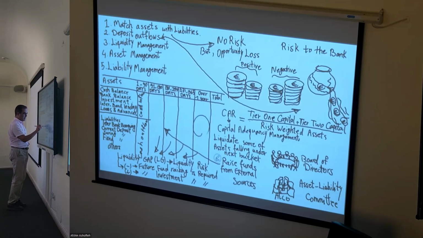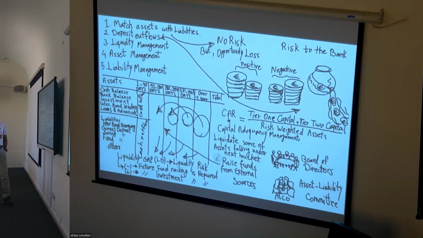So if we have an asset here, maybe we need to liquidate the asset, okay, to solve the problem from the short-term buckets that we have here.